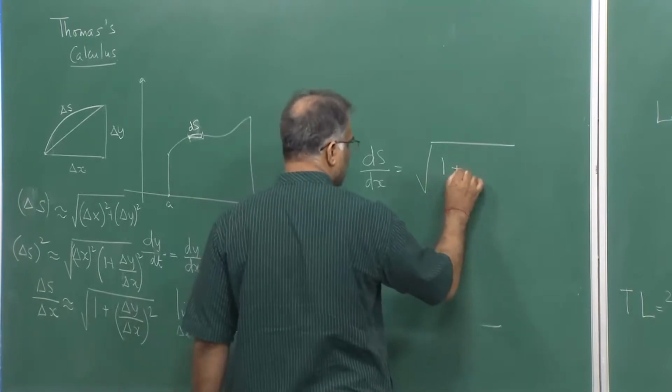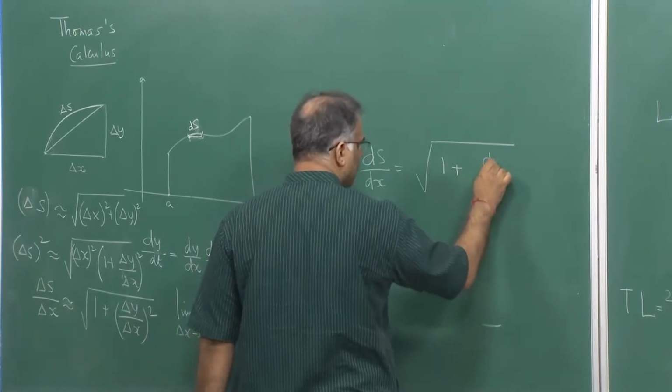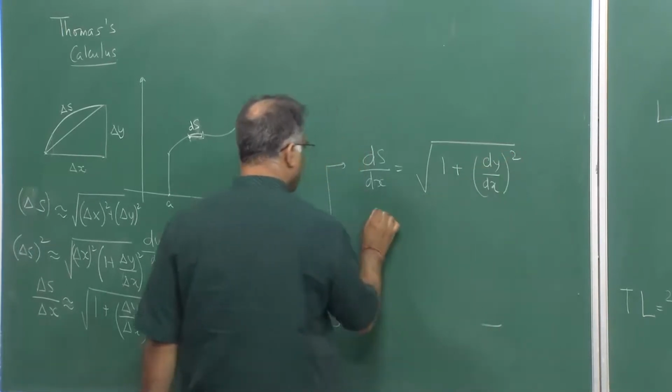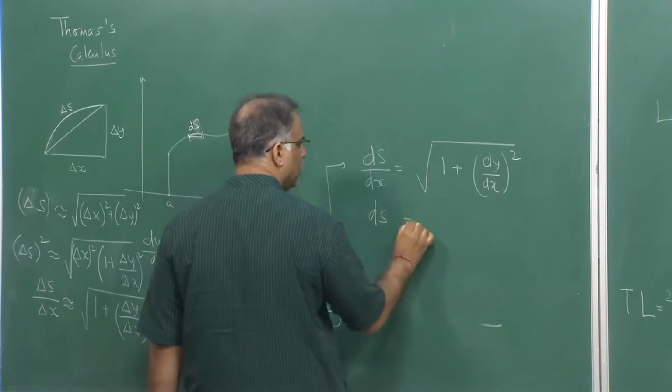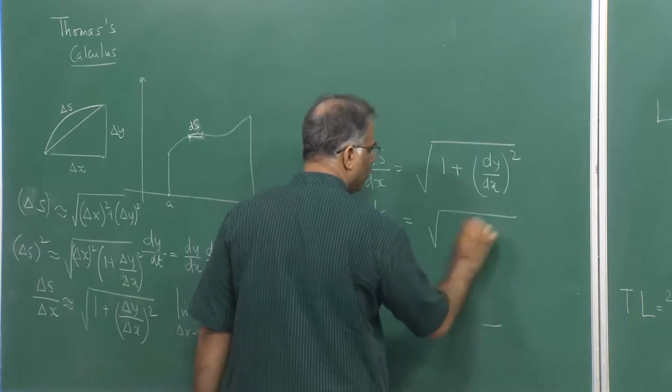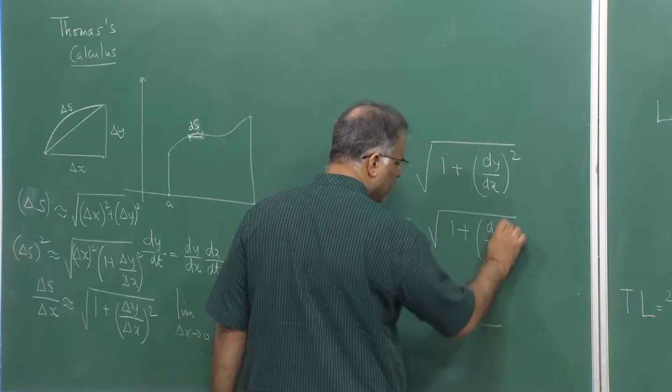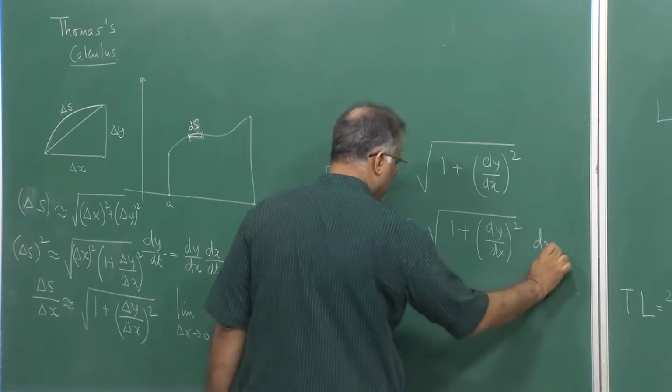So, when you take the limit, it is nothing but 1 plus (dy by dx) whole square. So, ds is equal to root over 1 plus (dy by dx) whole square dx.